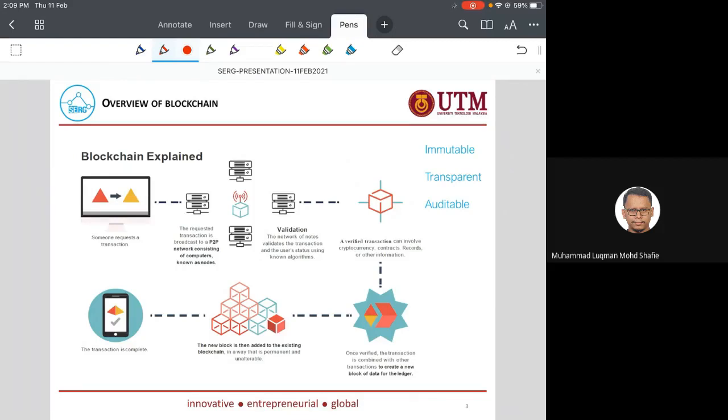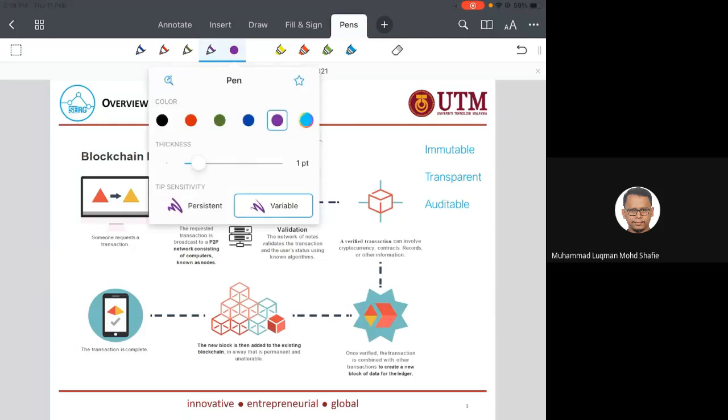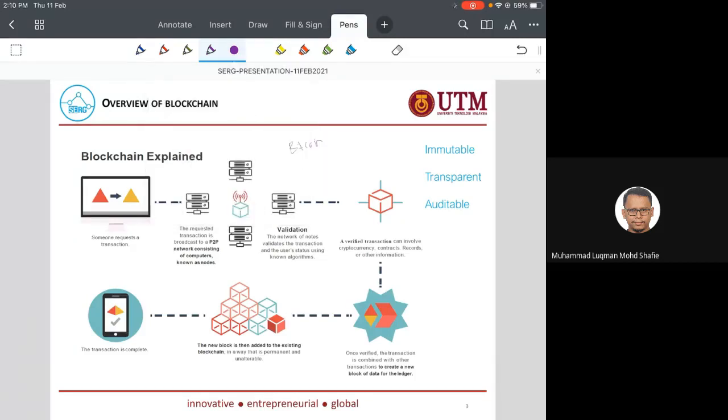We have Bitcoin, Ethereum, Ripple, and so on. So this kind of application applies blockchain technology, and this is how they secure the transaction and the trust.